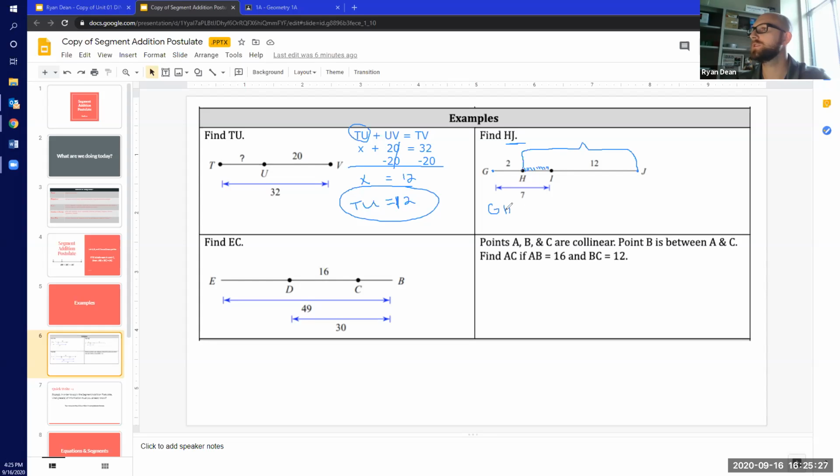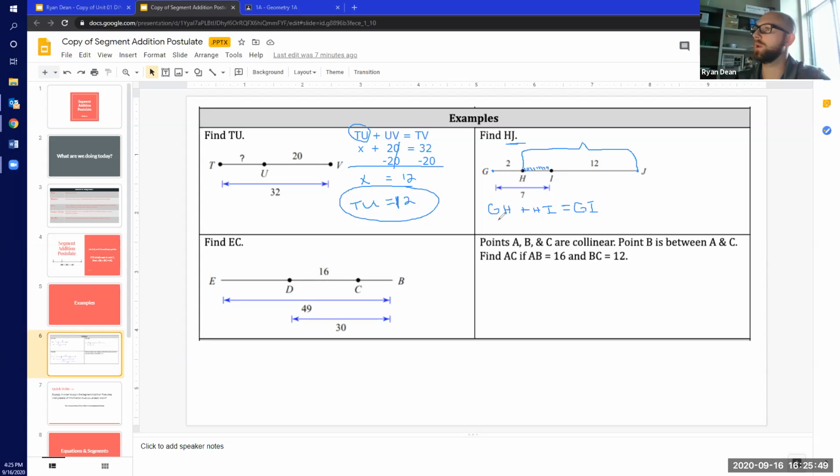So GH is 2. And then if I add HI, I get this 7. So G all the way to I is a total length of 7.